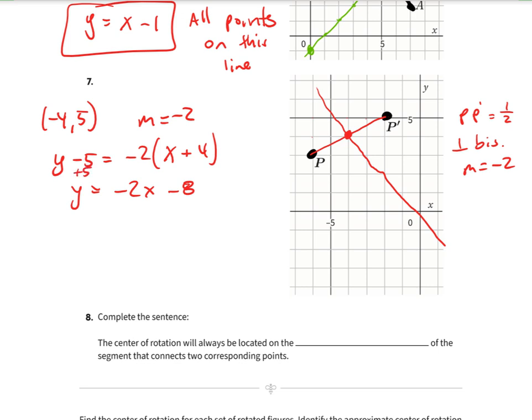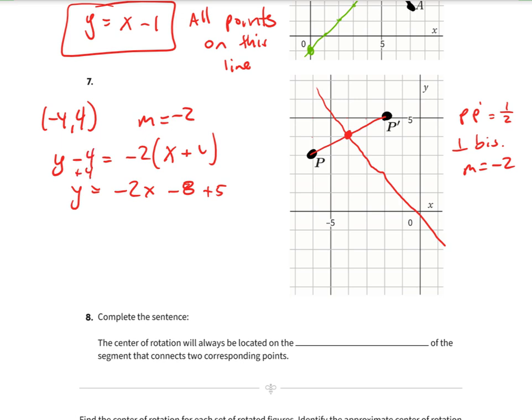but this would be plus 5. So this should be, not 4, 5. I was just going to say this is negative 4, 4. Apologies.